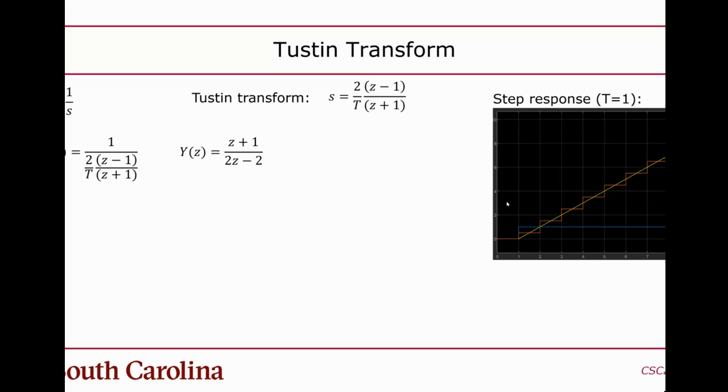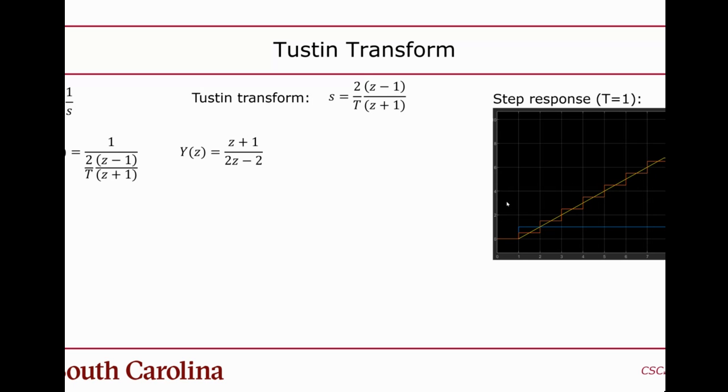So if you look at the plot, you can see that the blue line is the input to the system, which is the step response. It starts at 0, and then it transitions from 0 to 1 at time 1, and then it stays at 1 until the end of the plot there, which is at 10 seconds. So from 0 to 1, it's 0, and from 1 to 10, it's 1. So that's a step, and then the yellow line is the continuous time response, which technically it's not continuous because I ran this on a digital computer, but it's an approximation of the continuous time response.